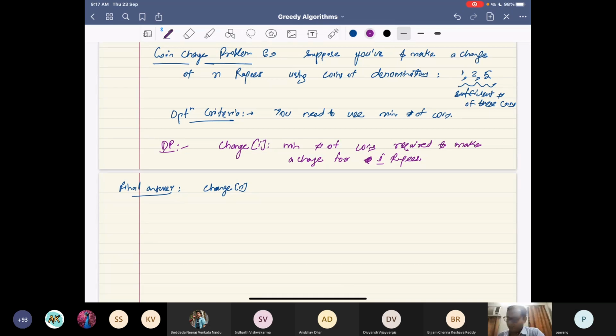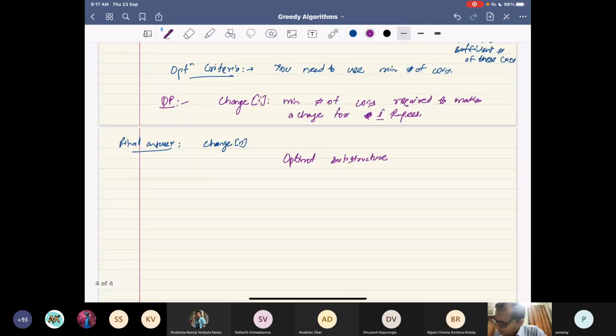What is the optimal substructure? Suppose I need to make change for i rupees. What can I do? Suppose i is large. I have three possibilities.